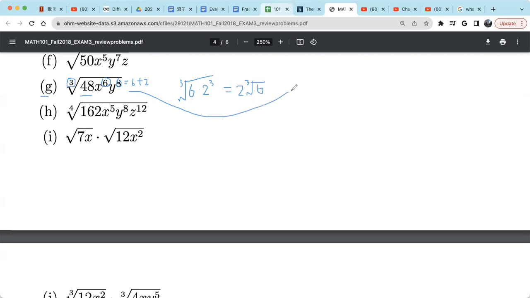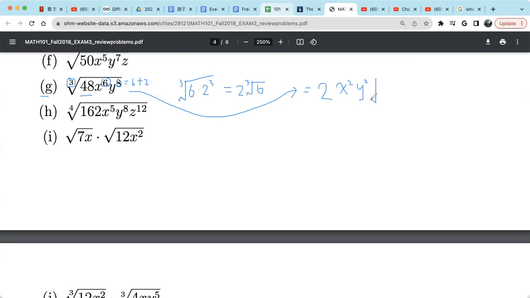Okay, so now let's put the answer here. So I have 2. The x term, I have x raised to 2 because 6 divided by 3 is 2. And the y also has a square because 6 divided by 3 is 2.